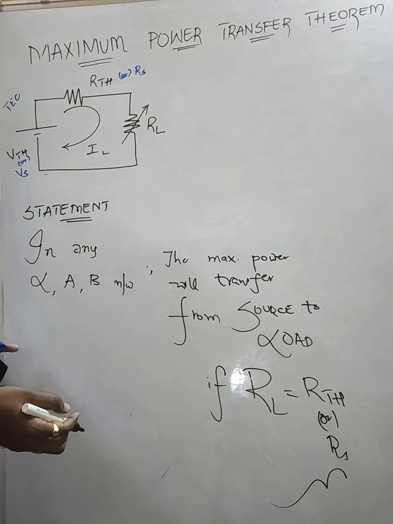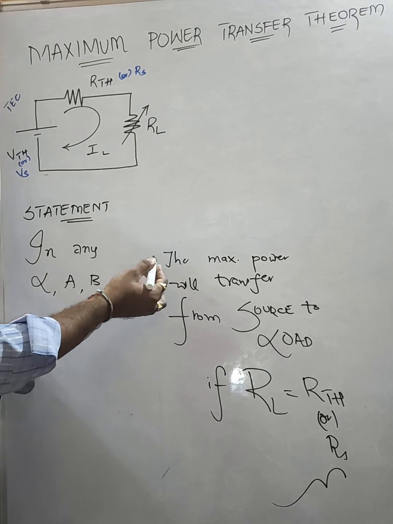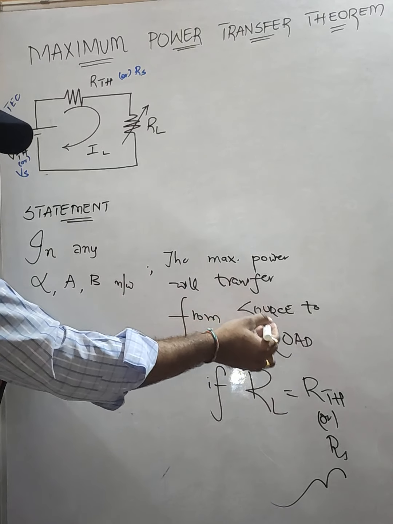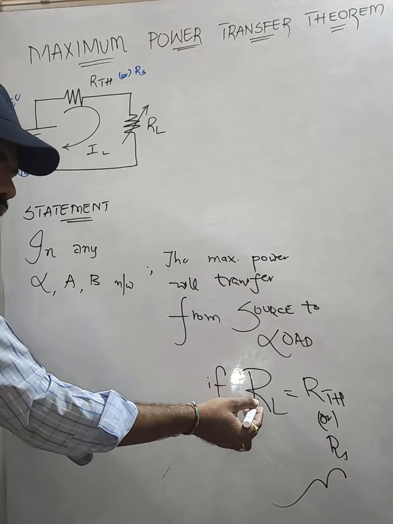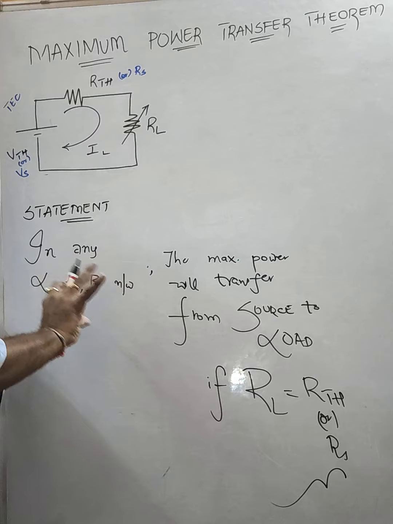Just remember, in any linear active bilateral network, the maximum power will transfer from source to load if and only if the condition load resistance is equal to Thevenin's resistance or else source resistance holds. This is the statement.